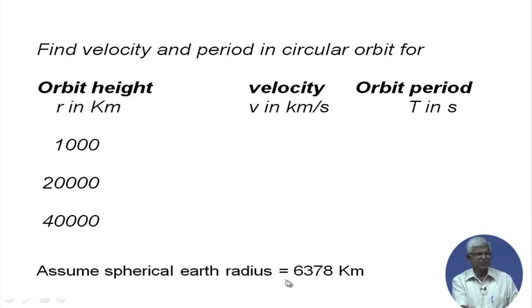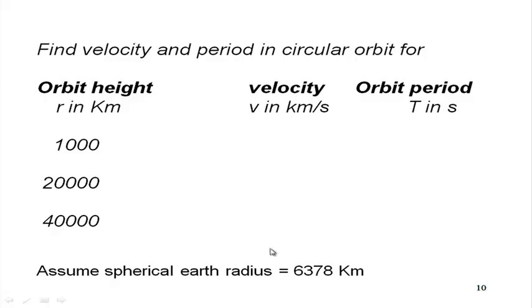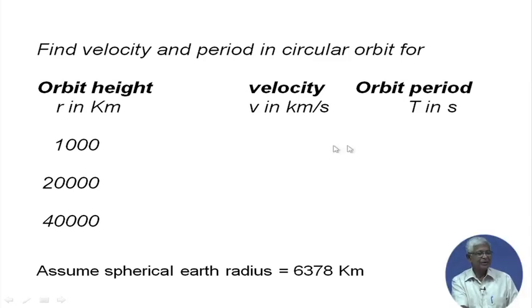This is just an assumption, because earth is not exactly a sphere. We assume here that earth is a sphere with this number as its radius. So, this radius of the earth plus the orbit height is to be added, and then you do the calculation of velocity and orbital period. You try. You must try. Just do not look at the numbers which I am going to show you. Those numbers have to be verified by you.